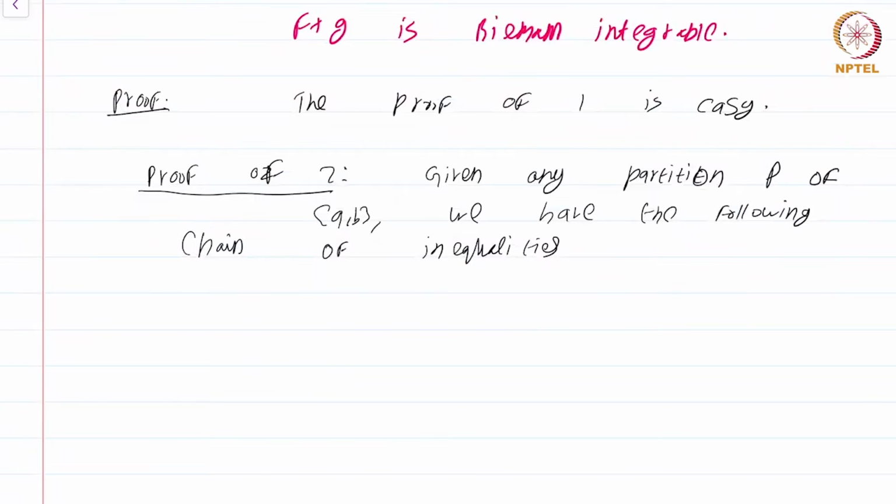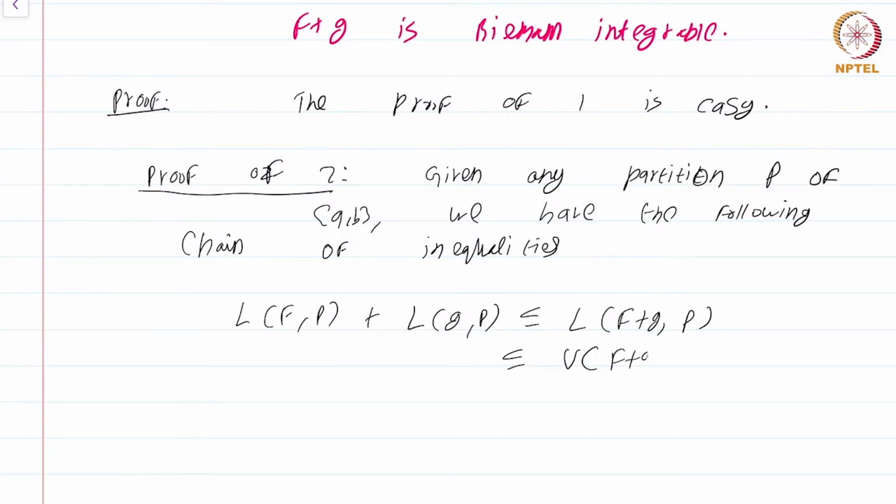We have L(f, P) plus L(g, P) is less than or equal to L(f plus g, P), which in turn is less than or equal to U(f plus g, P), which is less than or equal to U(f, P) plus U(g, P). We have this chain of inequalities.